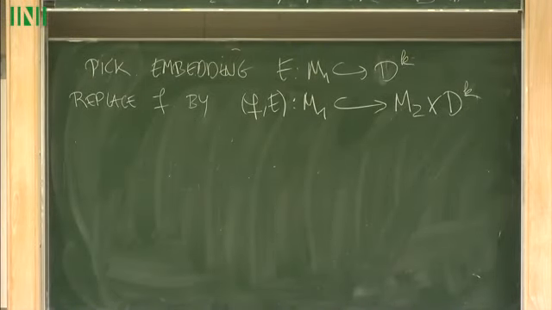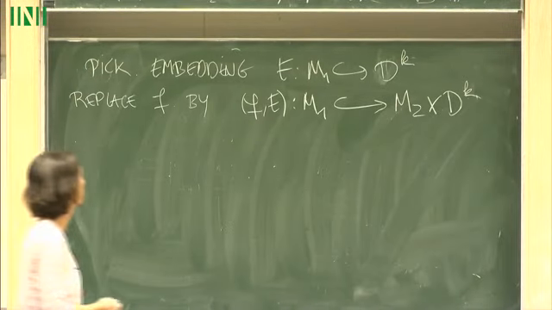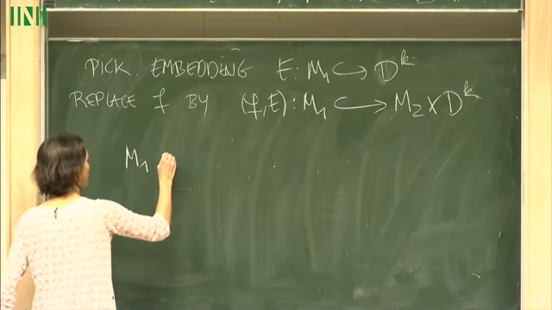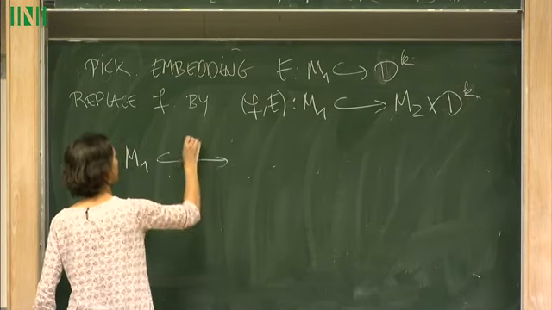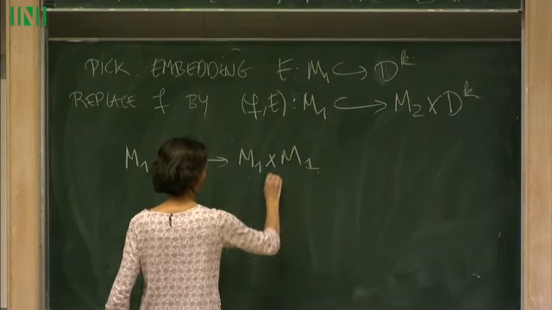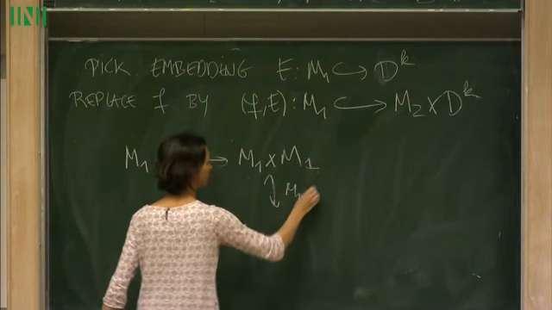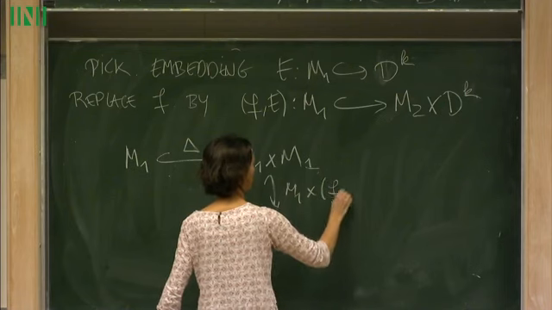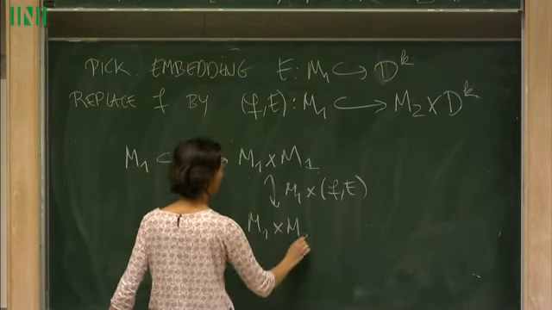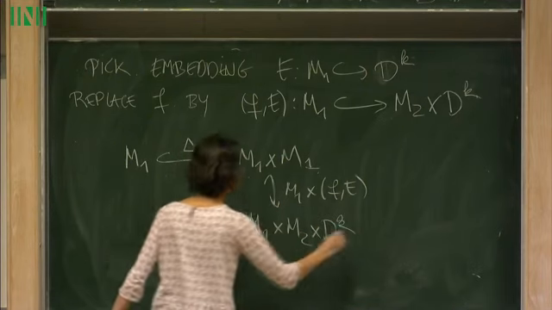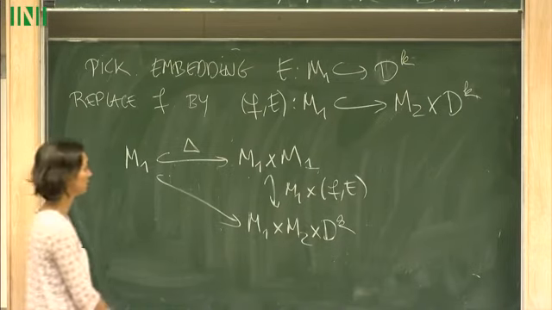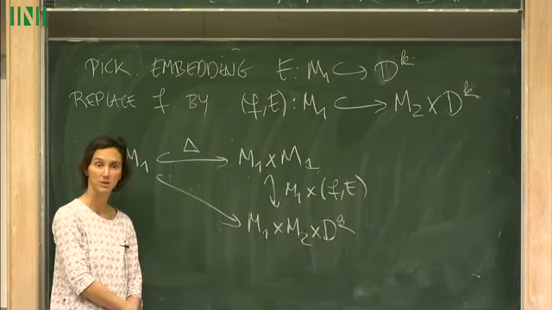Why is this useful? Because then you can play a little bit with your tubular neighborhoods. Look at the diagram that says M1 diagonal to M1 cross M1, and then M1 cross this map (F, e) inside M1 cross M2 cross D^k. This is a sequence of embeddings. Every map is an embedding.